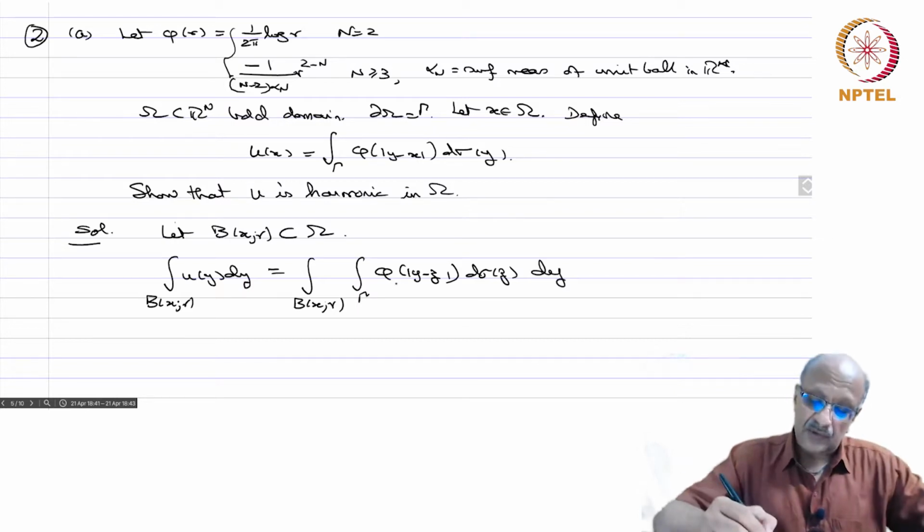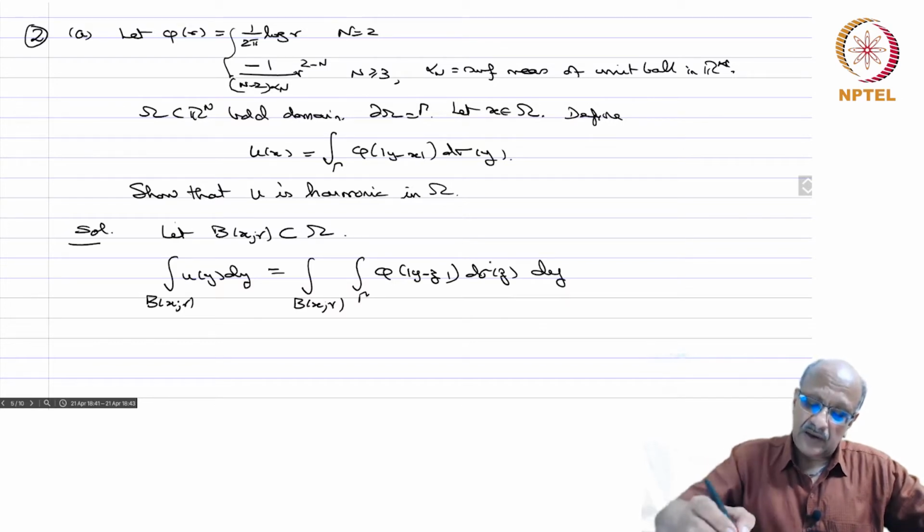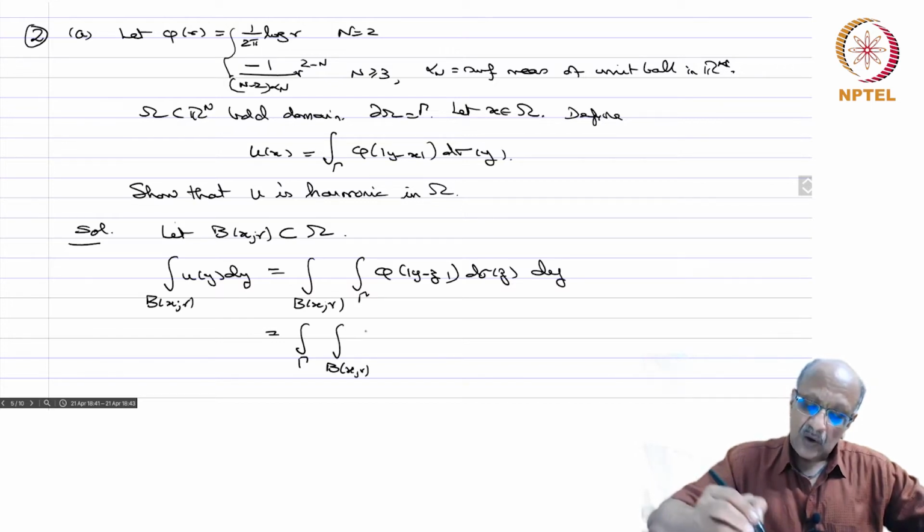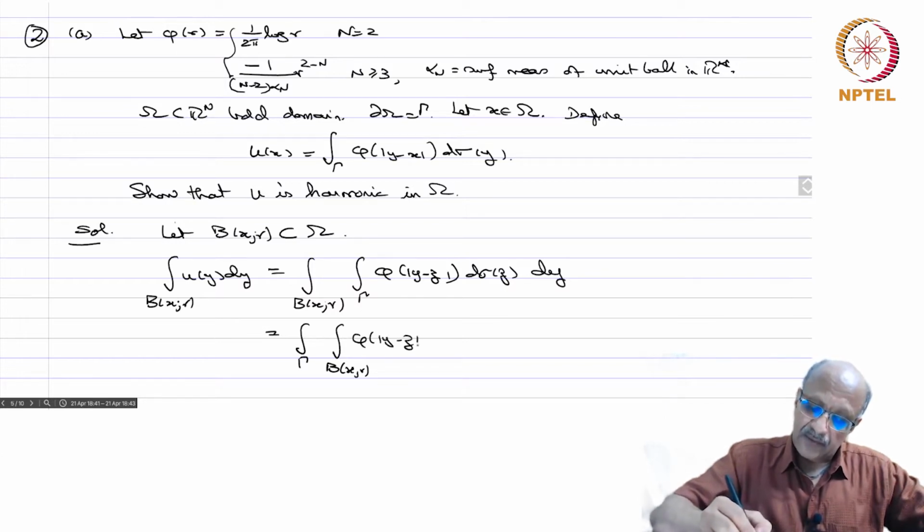That is the definition, because u of y is the integral of phi of y minus z. Now everything is of constant sign, therefore I can interchange the order of integration. This is the integral on gamma, integral on B(x, r) of phi of mod y minus z dy d sigma z.